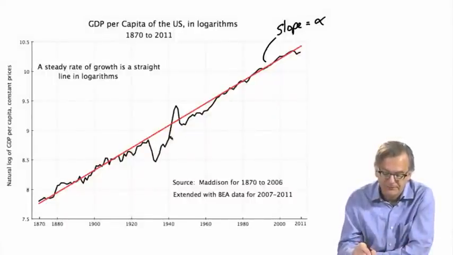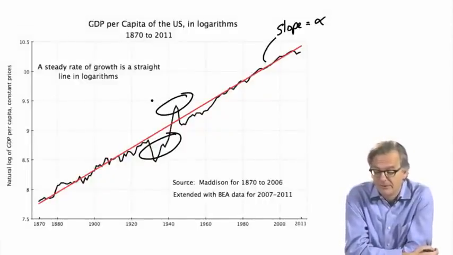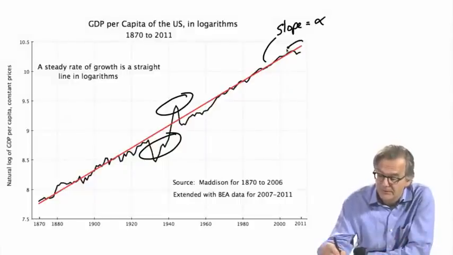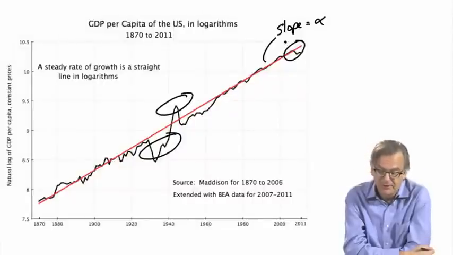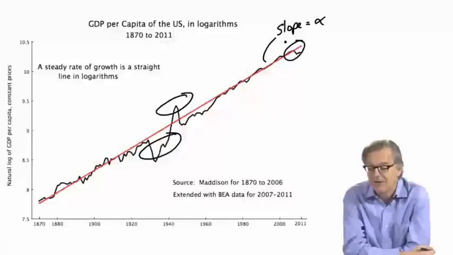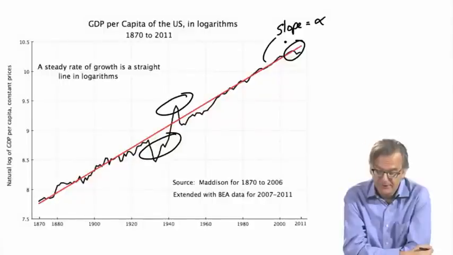And apart from some very unusual historical experiences, most notably the Great Depression, the wartime years, and perhaps even the most recent observations associated with the global financial crisis, what you can see is that for the United States, the growth rate of the economy has been fairly constant over this very, very long period of time.